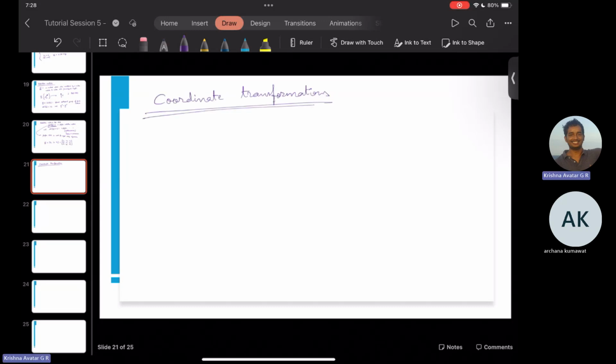So in coordinate transformation, we use the rotation matrix to transform coordinates from one coordinate system to the other.